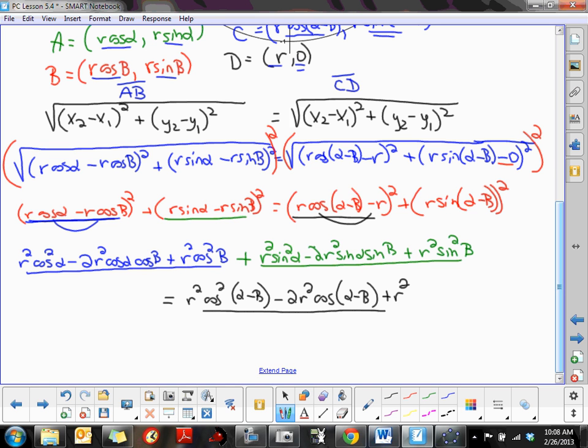This is the squaring of this binomial: square the first term, double the outside inside, 2r squared cosine of alpha minus beta, plus square the last term. Then the last thing I have to do is square this one. Since it's not a binomial, that's a whole lot easier, so it's just plus r squared sine squared of alpha minus beta.